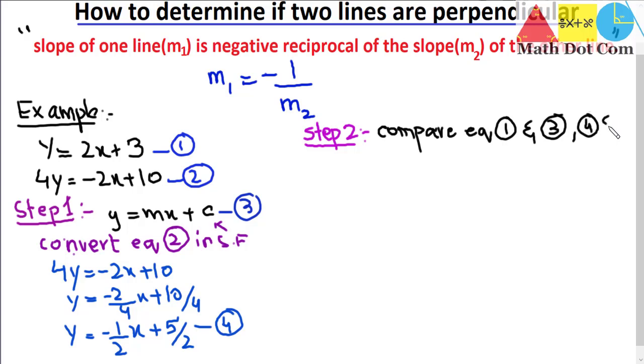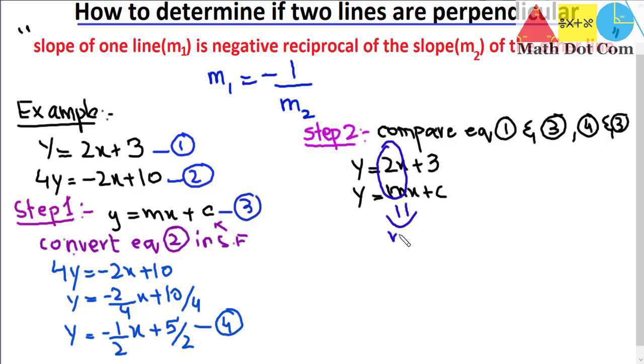It means we have to compare both the equations with the standard equation, that is y is equal to mx plus c. So if I write equation 1 as y is equal to 2x plus 3 and the standard equation is y is equal to mx plus c, it is clear here that m1 is equal to 2. I'll write here m1, the slope of equation 1, is equal to 2.